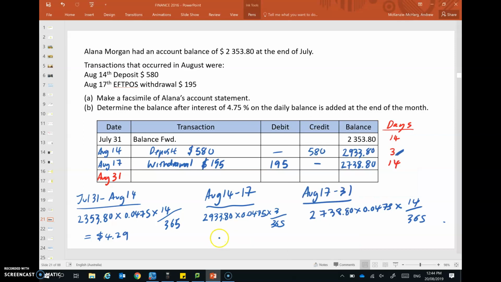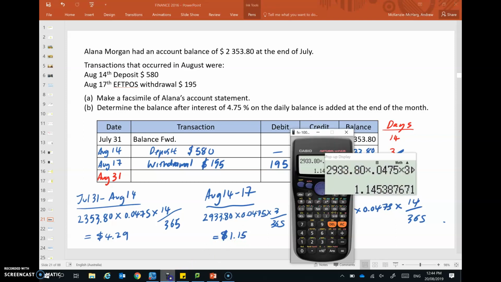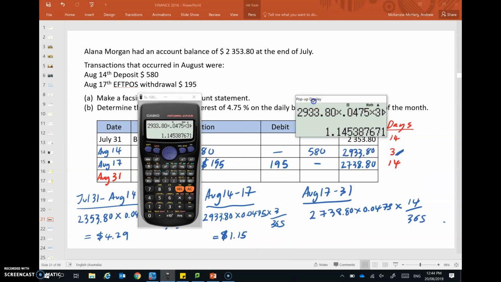So we get $1.15 for the second one, and then the last one we get $4.99.